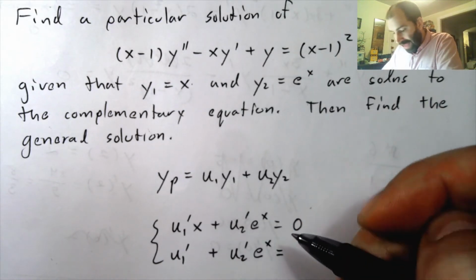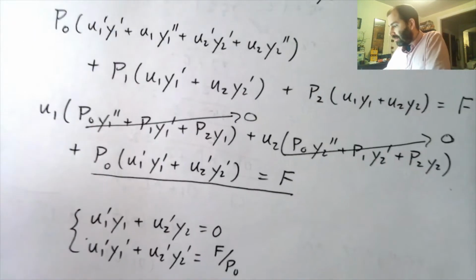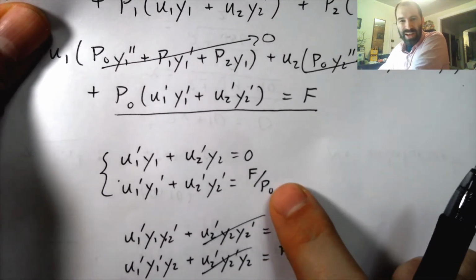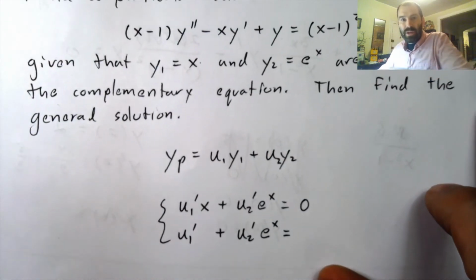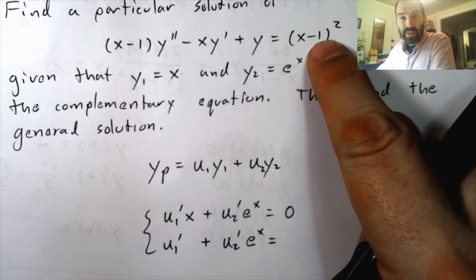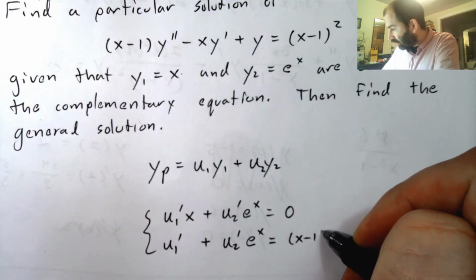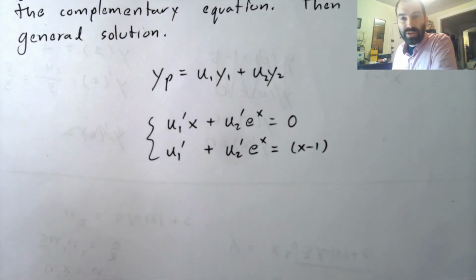And that was equal to the right-hand side, the function divided by p0. So it's going to be this thing divided by that thing. Well, that's just x minus 1. So there we go. This is a system of equations we need to solve.